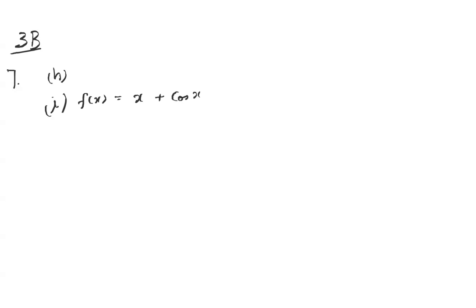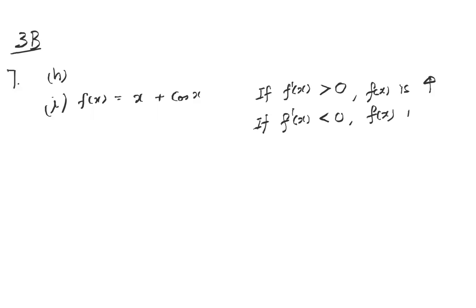So if you want to know f(x) is increasing, I know that if f prime x is greater than 0, that means it's increasing, right? f(x) is increasing. So this is a true fact that every one of us must know. Yeah, if f prime x is less than 0, f(x) is decreasing, correct?